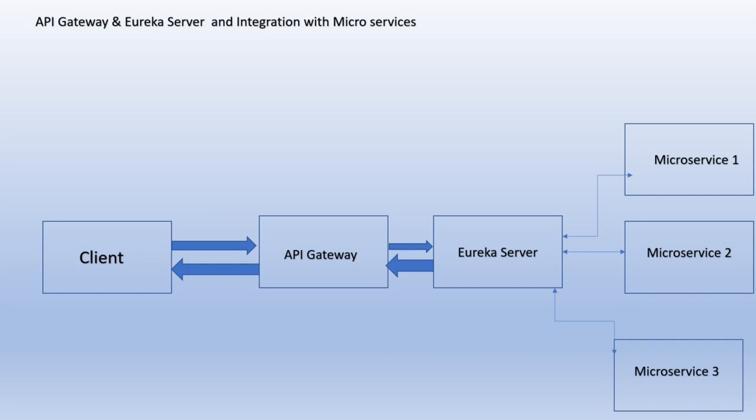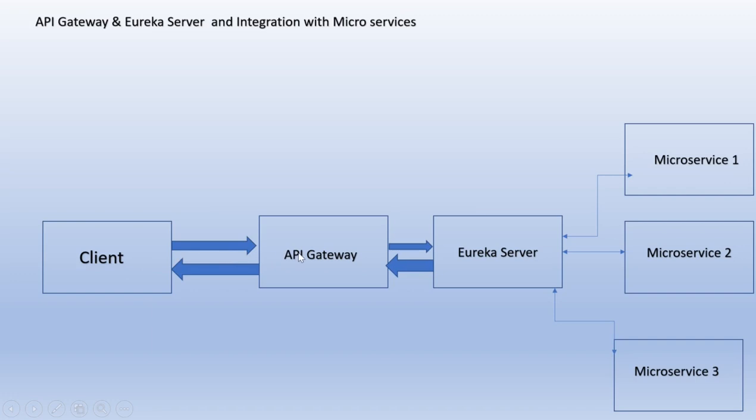As I said earlier, this is the API gateway and Eureka Server, and this is a client. The client can come through mobile, or through the net, or through an iPod, or through a computer, whatsoever the mode. So the client is requesting a particular service from the API gateway.